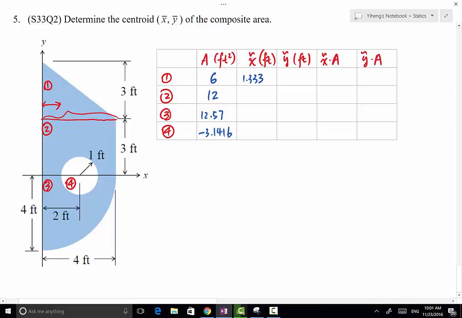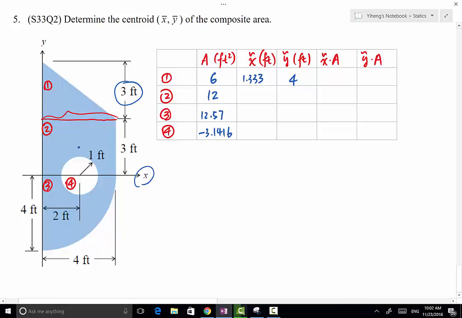And its y component from here to here is 1 foot. It's 1/3 times 3, 1 foot. But don't forget, we're measuring from the x-axis. Therefore, we're measuring from here all the way to here. That's going to be 1 foot plus another 3 feet. Therefore, that's going to be 4 feet right here. So that's the centroid location for area number 1.